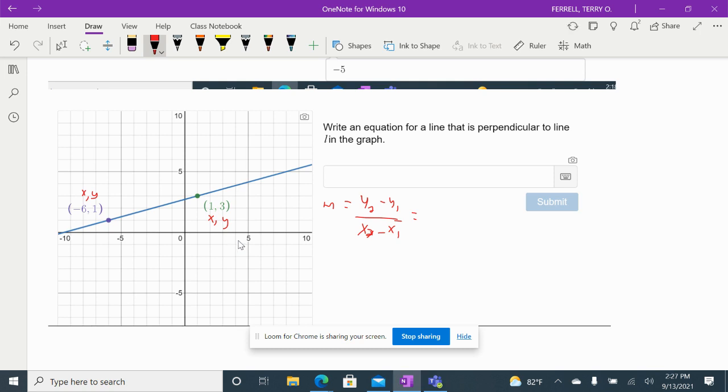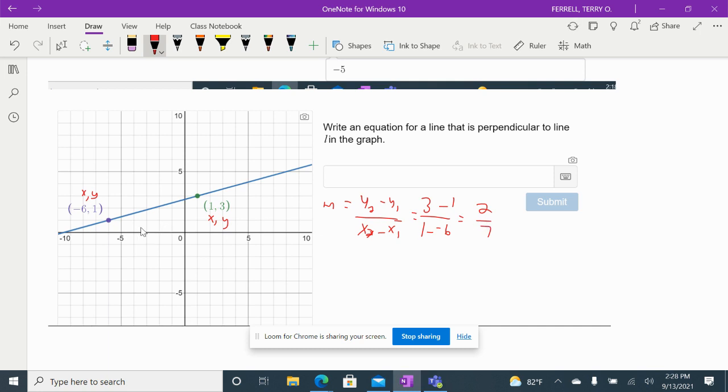I'm basically just subtracting the y values over the x values. So I'm going to go 3 minus, this y value over here is 1, over my x value of 1 minus negative 6. Well, 3 minus 1 is 2. 1 minus a negative, that's plus. So that's going to be 1 plus 6, which is 7.